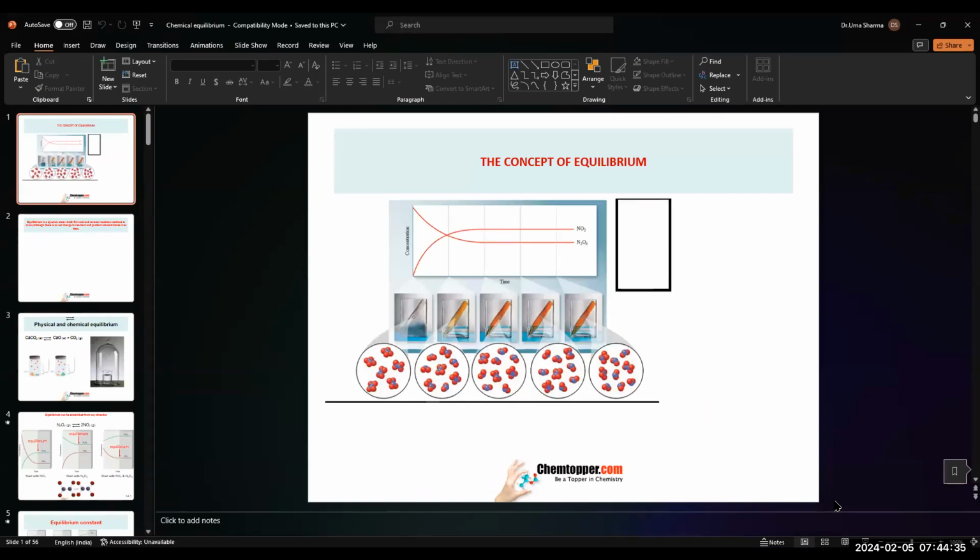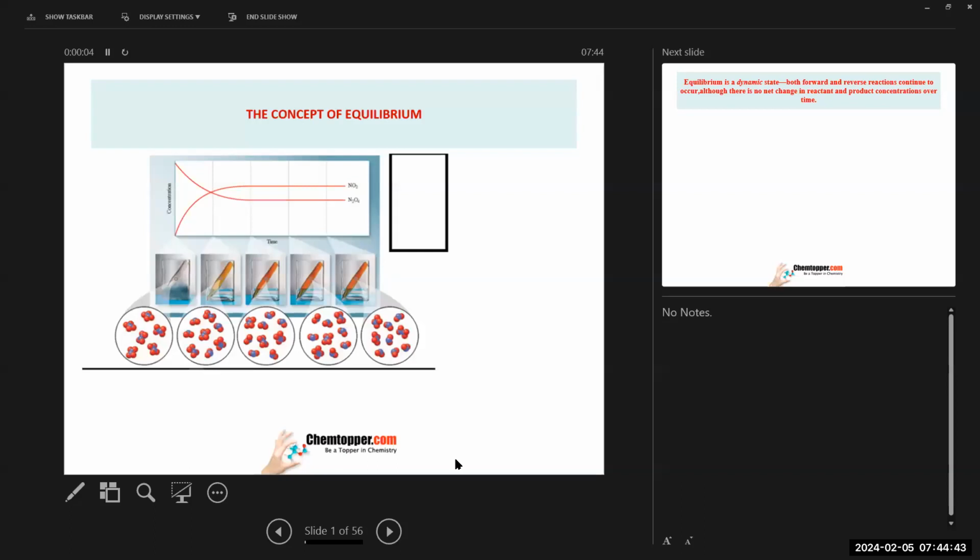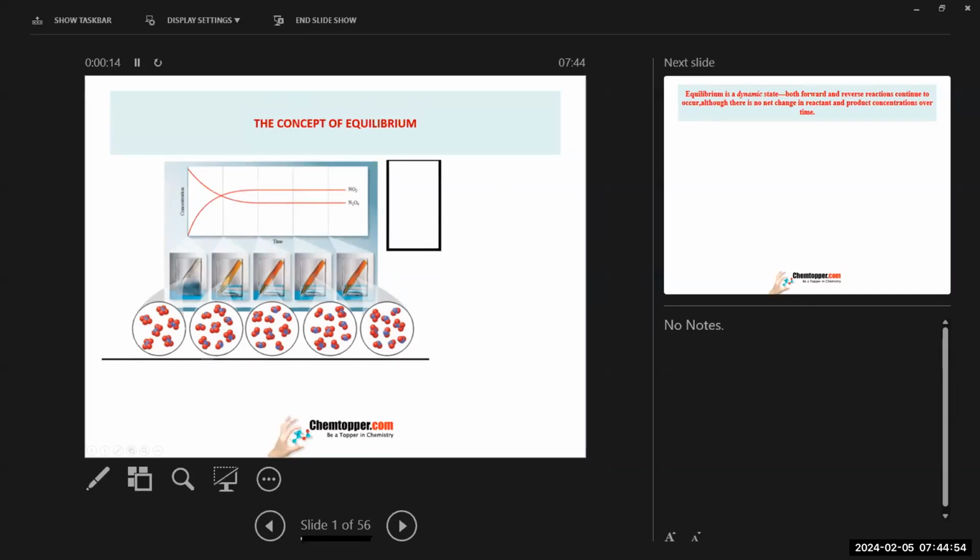It's completely based on concept. This unit is very important for your unit 8 and unit 9 also. This is the most important unit of chemistry, and very simple, very interesting.